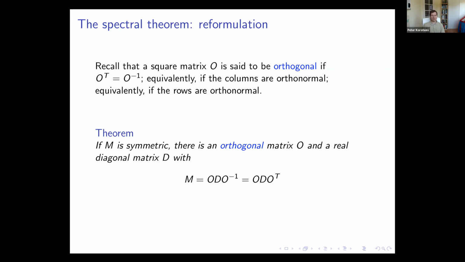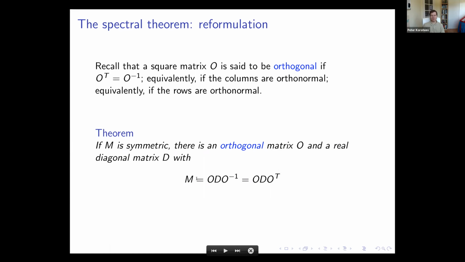Now, here's another theorem, which is the reformulation of the spectral theorem. If M is symmetric, then there is an orthogonal matrix O and a real diagonal matrix D such that M can be decomposed into ODO inverse, which is the same as ODO transposed.